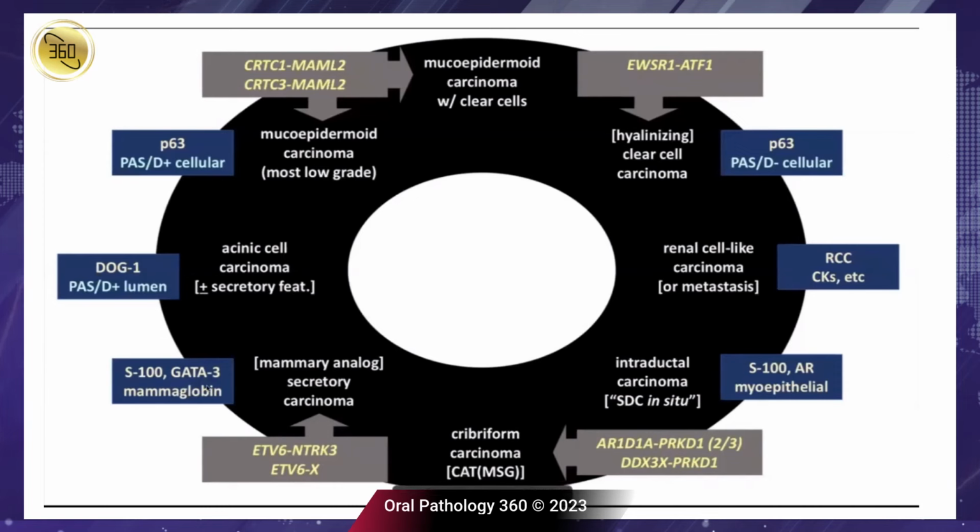We're knowing now that mammaglobin and GATA3 can be very useful along with mutational analysis, and we can do this with next generation sequencing now for NTRK mutations. We know that clear cell carcinomas now have Ewing sarcoma translocations. We know that renal cell-like carcinomas may actually show features of RCC immunohistochemistry. And we know these cribriform and ductal carcinomas are now turning out to have some specific genetic characteristics to them as well.